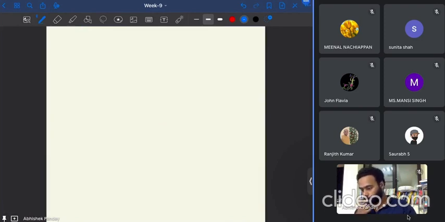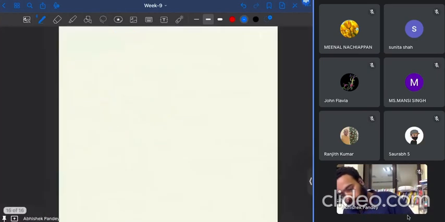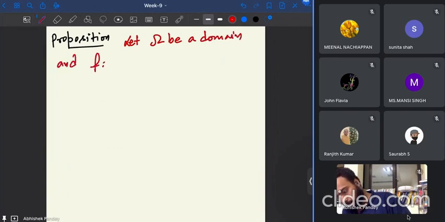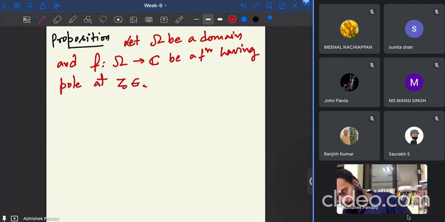So this is what we have proved. This is a kind of proposition: let omega be a domain, and let f from omega to C be a function having a pole at z naught belonging to omega.